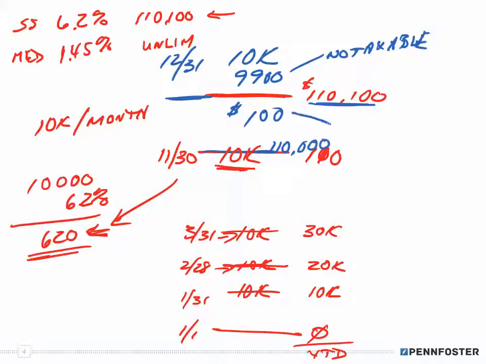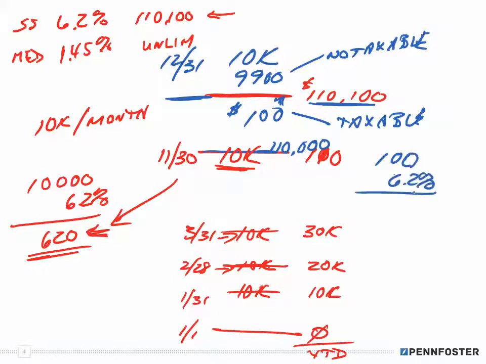Only the amount that's below this limit is taxable. And that's why we pay $100 times 6.2%, and we would only have a deduction in that paycheck of $6.20, not $620.